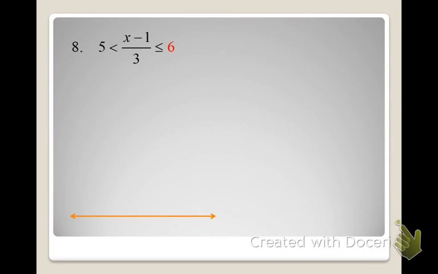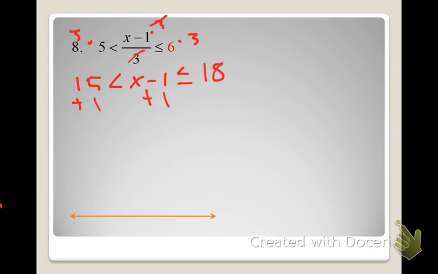Okay, got one more for you. What'd you come up with? Got to multiply everything through by 3. Okay, these 3's will divide out, leaving you with 15 is less than x minus 1 is less than or equal to 18. Now we're going to add 1.